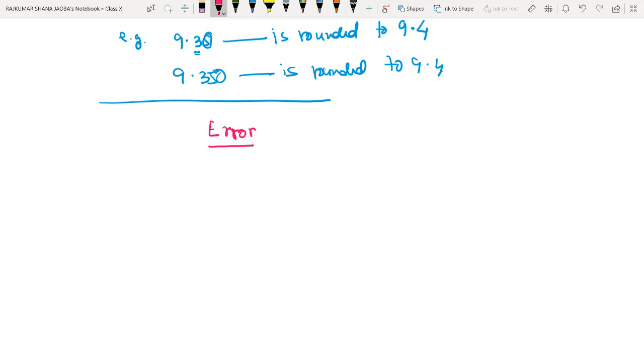All measurements will involve errors. The measurement may be of length or of weight or anything. Every measurement could have error.